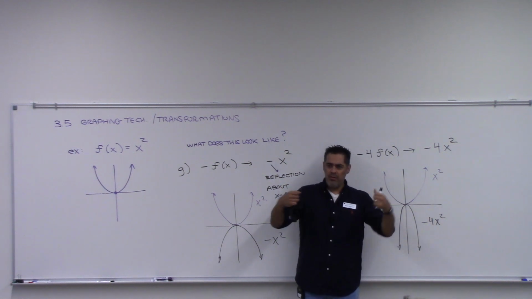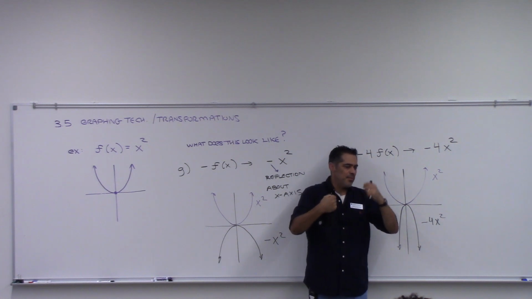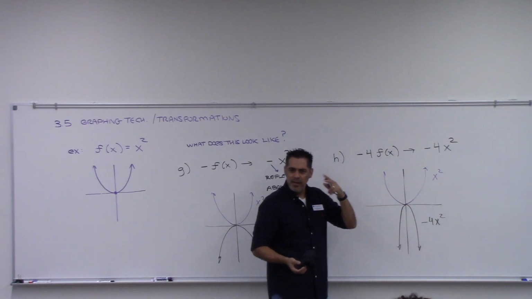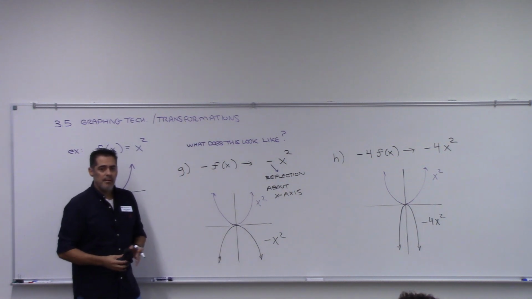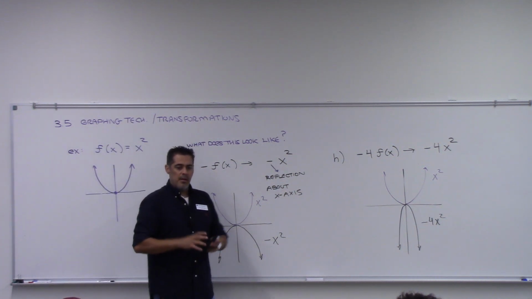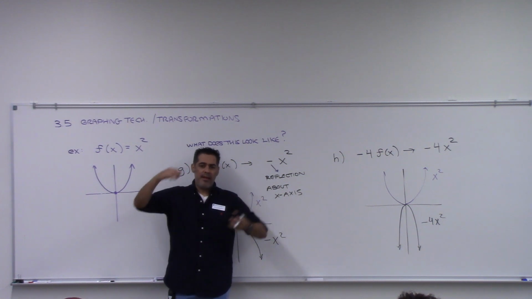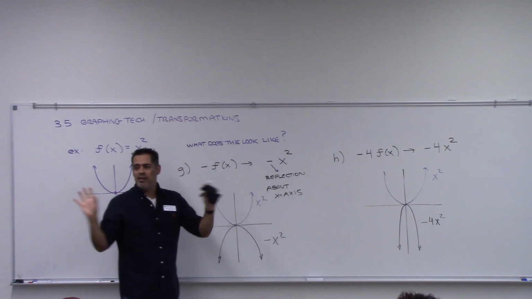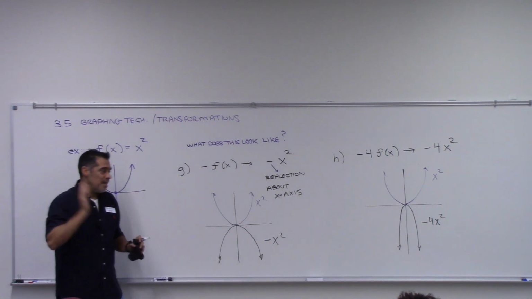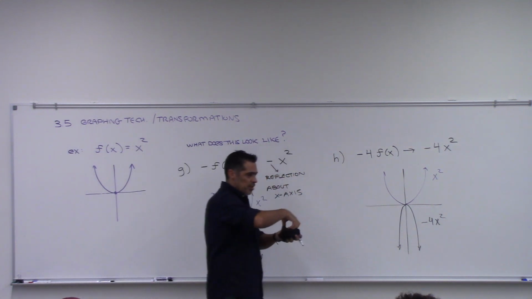Stretching it vertically is the same as compressing it horizontally. So you might see that in a calculus book or something. You might hear some different terminology. If you stretch horizontally like this, you could call that a vertical compression. I'm not going to say compression in here at all. I'm just going to stick with stretching.